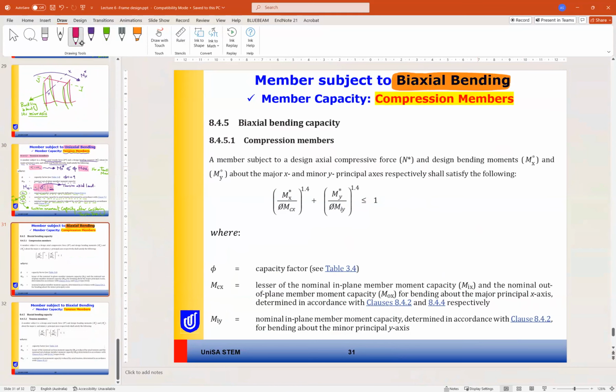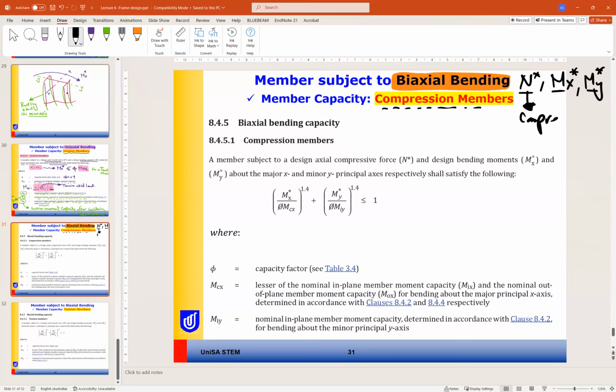This means that we have N asterisk and moments MX and MY, so everything at once. If the member is under compression force, this means that N is compression. The biaxial bending member capacity will follow this formula here.